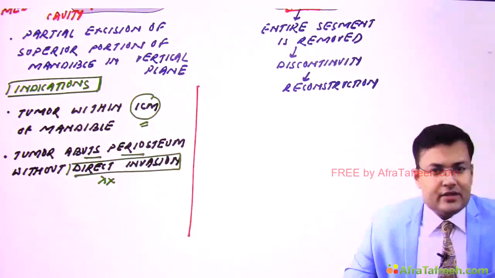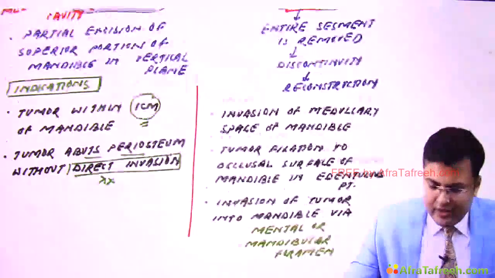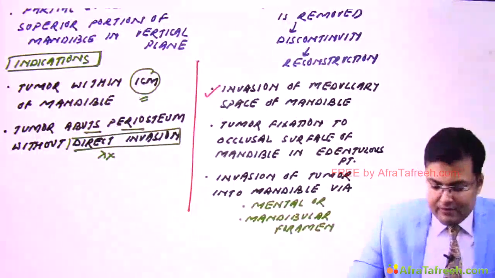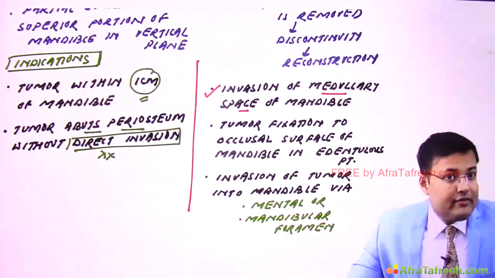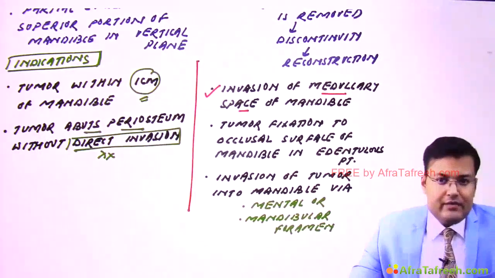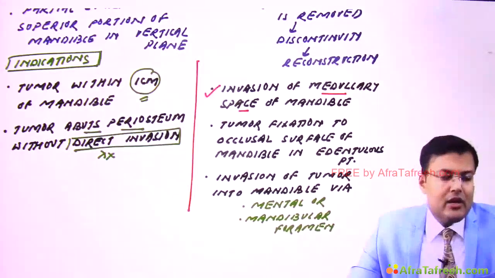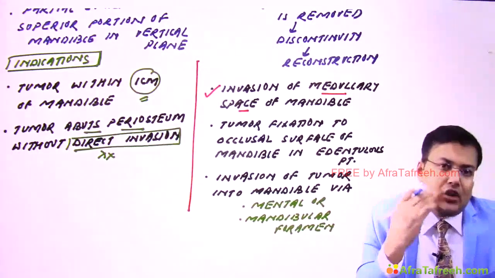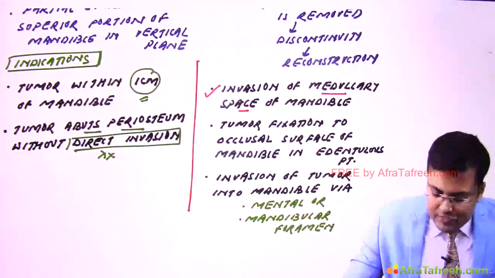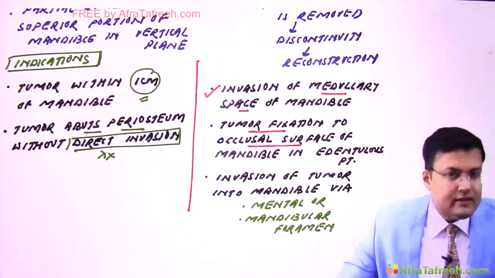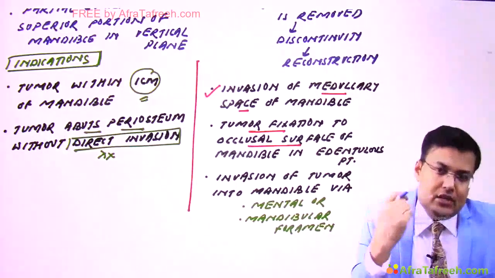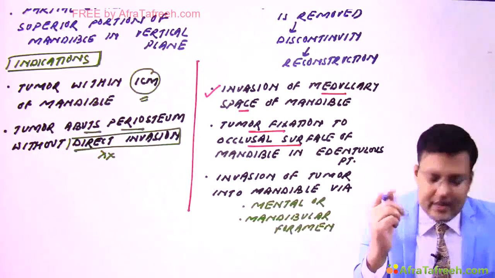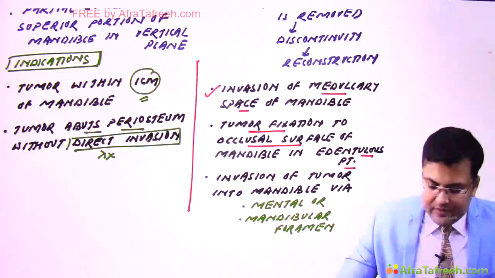And what are the indications of segmental mandibulectomy? Whenever there is invasion of medullary space, we have to go for segmental mandibulectomy. Or if a patient is edentulous, there is no teeth and there is occlusal surface, and when tumor is fixed to occlusal surface, in edentulous patient.